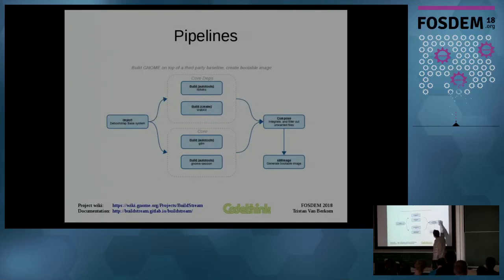So once you have your compose element, we send it to this x86 image element, which is basically a script that we have in the BST external repository. And this one basically does what Wic does from Yocto.